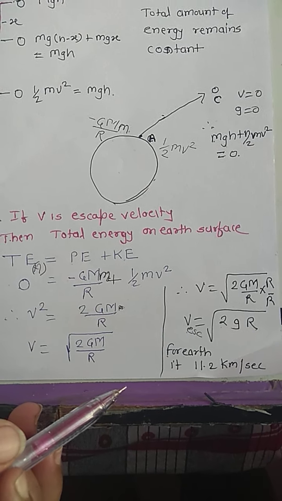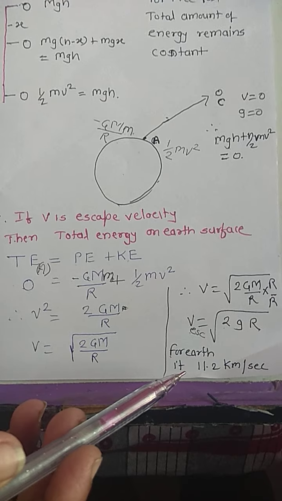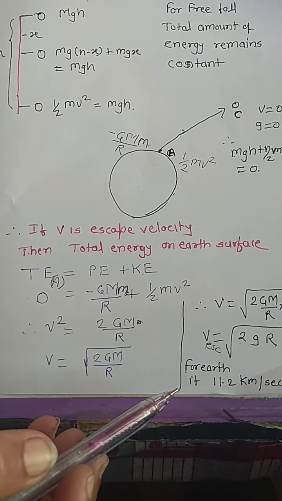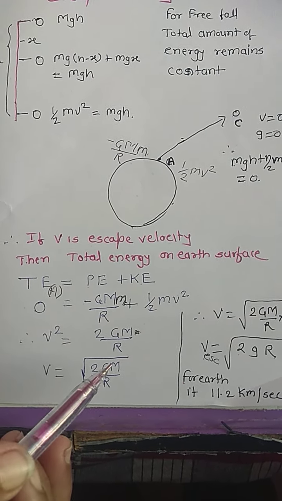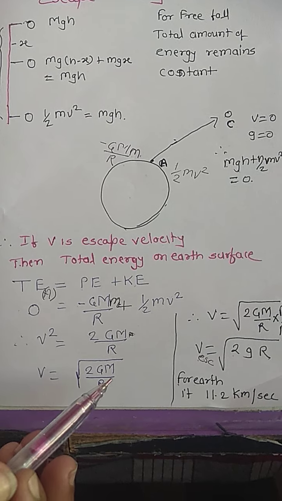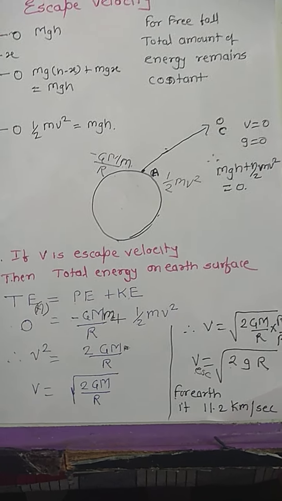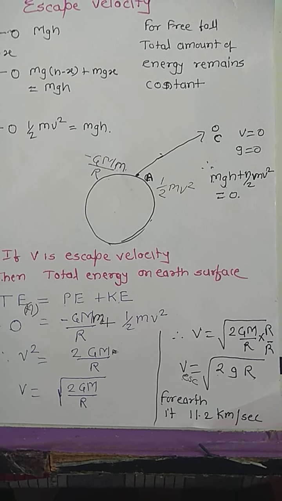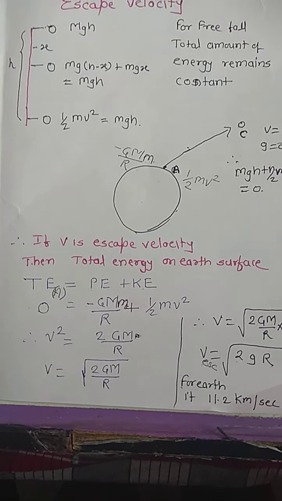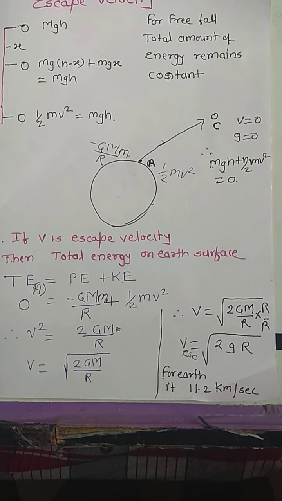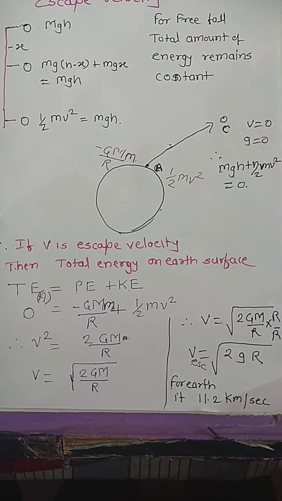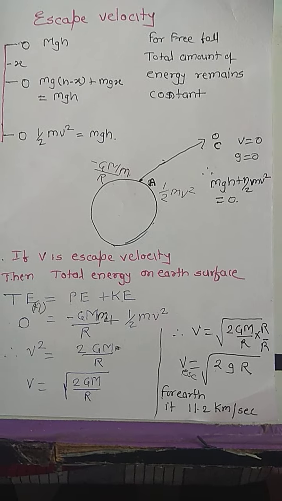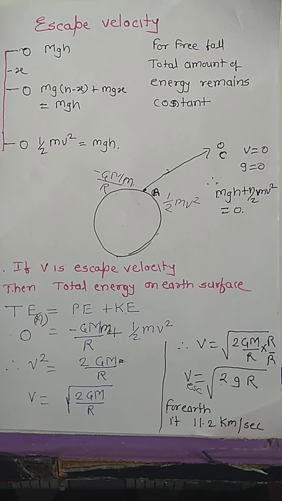For Earth, the value of escape velocity is 11.2 km per second, which is calculated in your textbook. What could be the value of escape velocity for any object on moon? All of us know that moon's gravitational acceleration is 1/6 of Earth's gravitational acceleration, and therefore value of escape velocity for moon will be 1/6 of 11.2 kilometer per second.